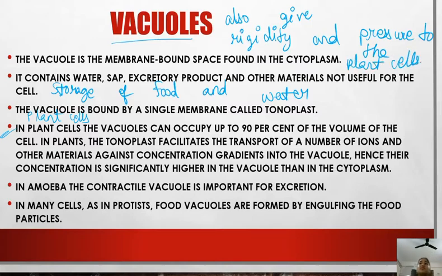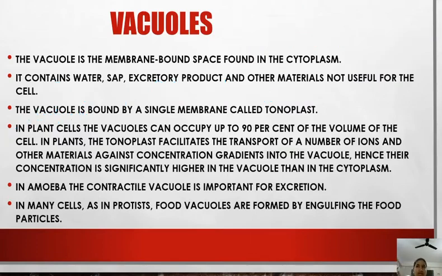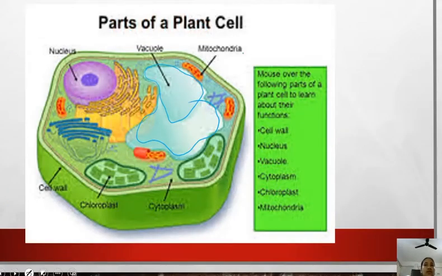You can even consider the storage of food and water also. Not only excretory product, so food and water also can be considered. Alright, so these are the big vacuoles which I had mentioned earlier. I hope this diagram is clear.